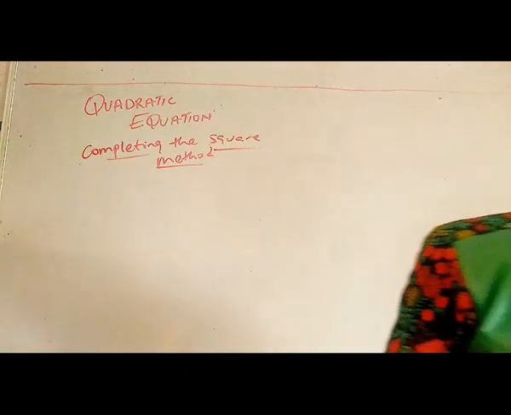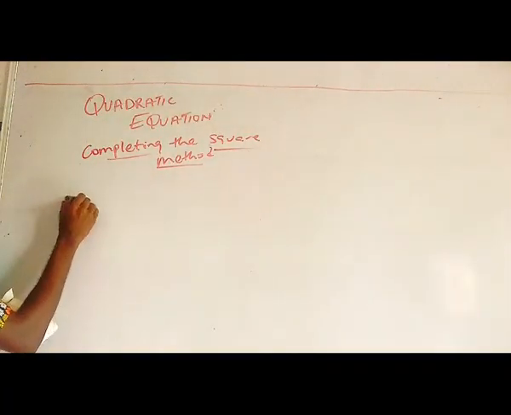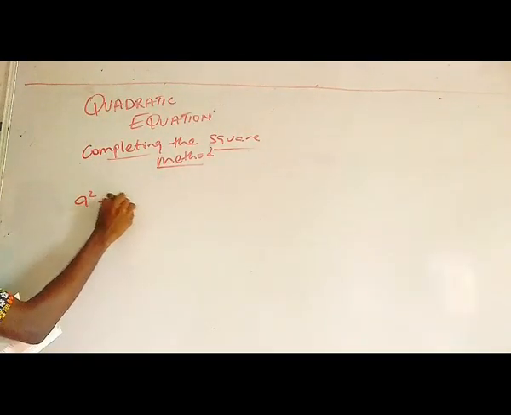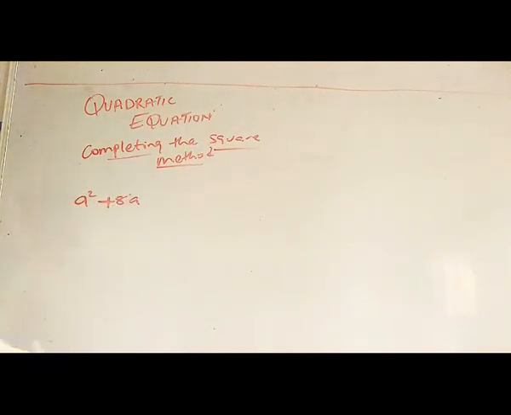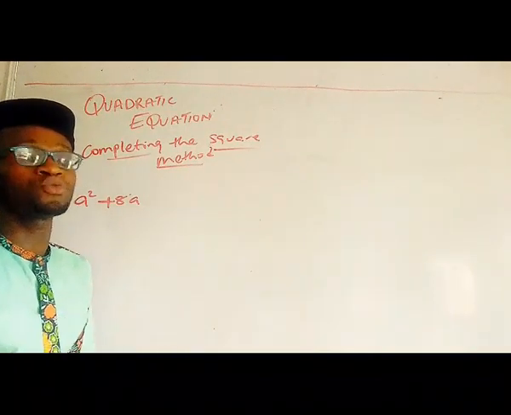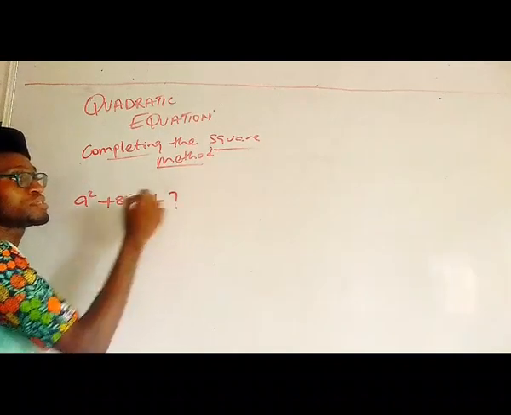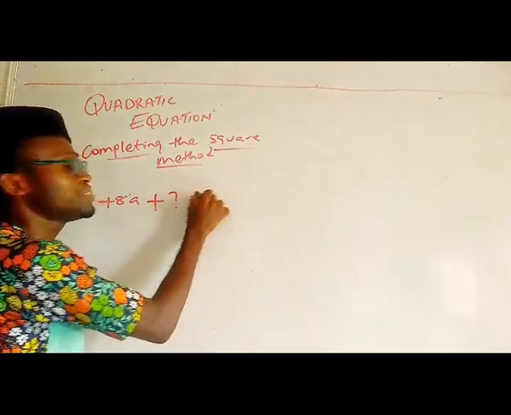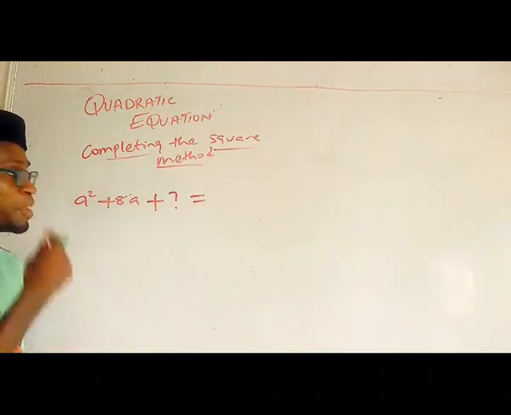So now let's say that, for example, we have a quadratic equation like this, and they say that we should complete this square. Completing this square means, what can we add to this that will make it a perfect square?